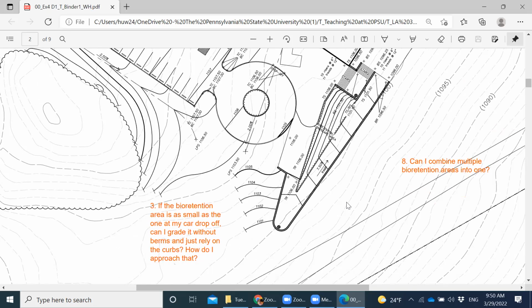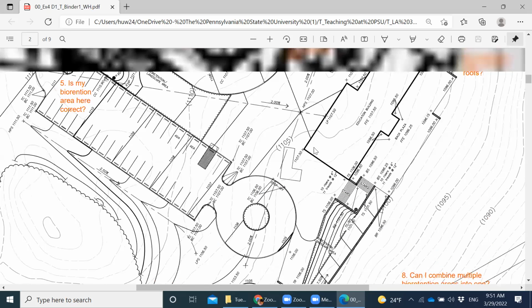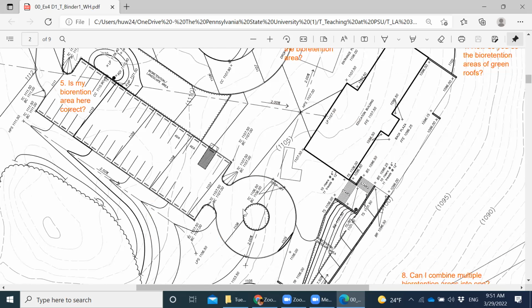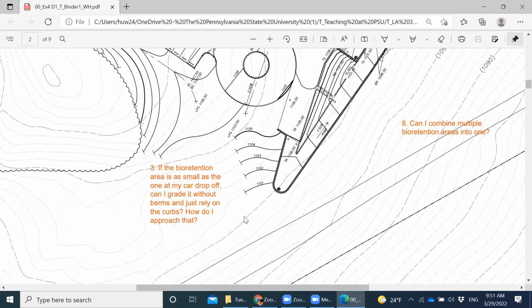So if the bioretention is as small as the one at my car drop off, can I grade it without berms and just rely on the curbs? How do I approach that? Yes, that's correct.